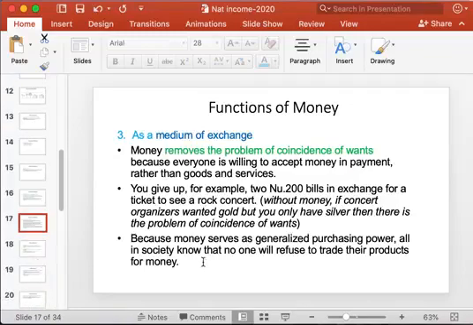So because money serves as a medium of exchange, no one will refuse to trade their product for money.